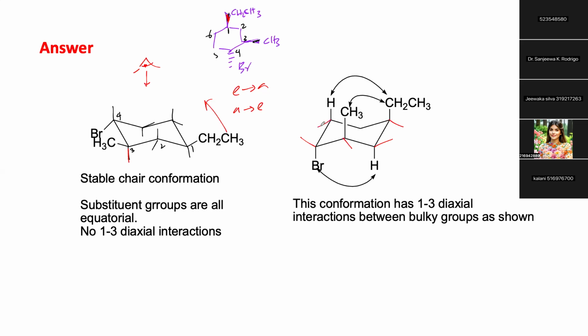I hope you understand what I'm saying. So therefore now bromine is in the axial position, and the CH3 should still be coming up. Before it was equatorial, now it is axial, it's coming up. And CH2CH3 also axial, it was equatorial before, now it is axial, it's still coming up. So do you understand how to put the substituents there?